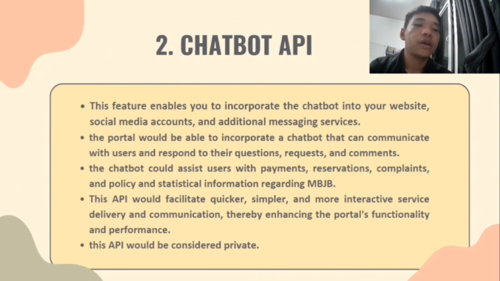With the help of this API, the portal would be able to incorporate a chatbot that can communicate with users and respond to their questions, requests, and comments. For instance, the chatbot could assist users with payments, reservations, complaints, and policy and statistical information regarding MBJB.